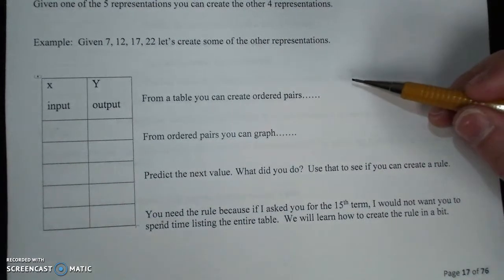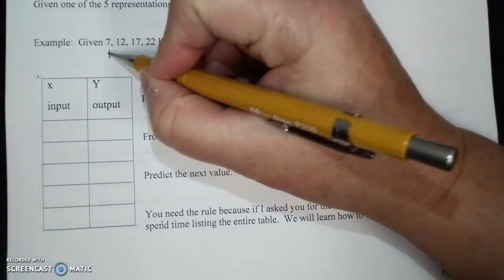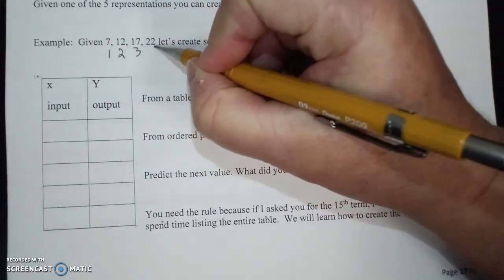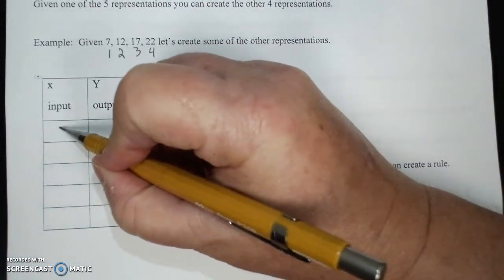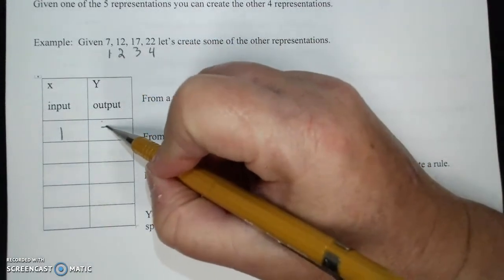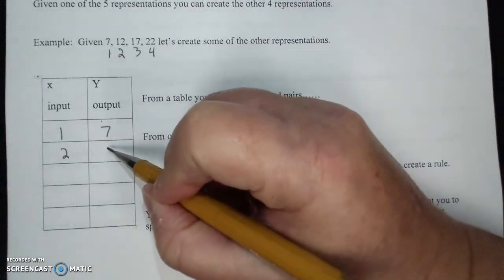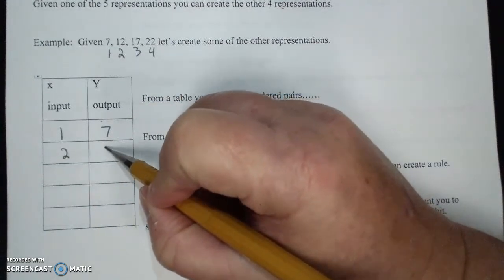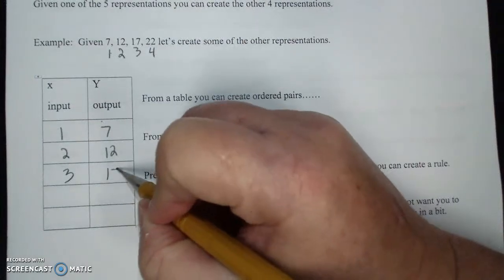So from a table, okay, so you have the list. This is first position, second position, third position, fourth position. When I have the first position, it gives me 7. The second position gives me 12. The third position gives me 17.